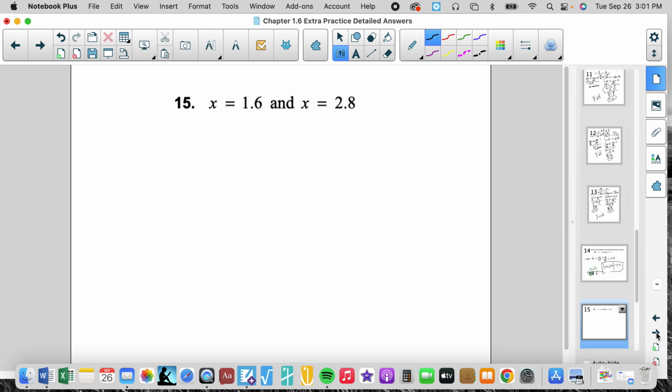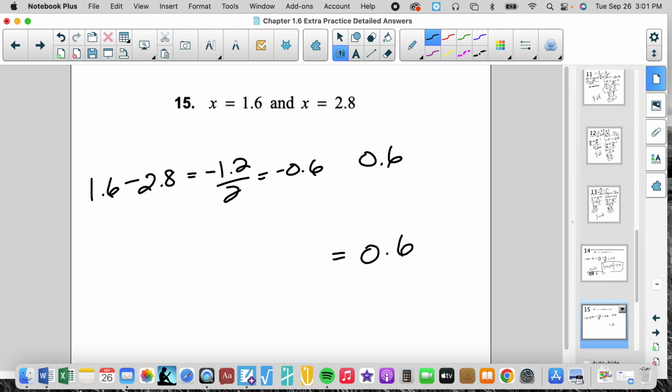Let's again do the distance. 1.6 minus 2.8 gives me -1.2. Divide by 2 is -0.6, and we take the absolute value, which is 0.6. So that is the wiggle to the left and to the right.